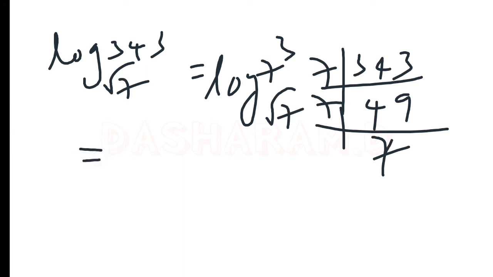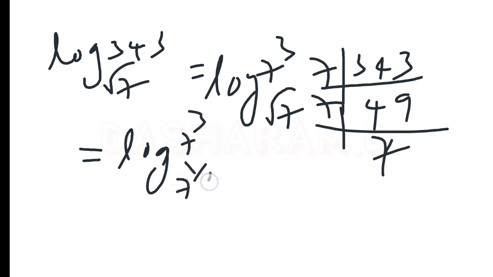Here we actually need the same base like 7, but here it is root 7. So two methods are there to simplify this. I am writing log 7 cube, and root 7 I am writing as 7 to the power of 1 by 2. See what happened here: exponents at two places.